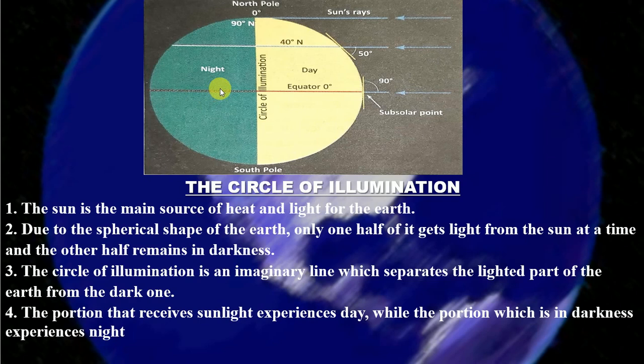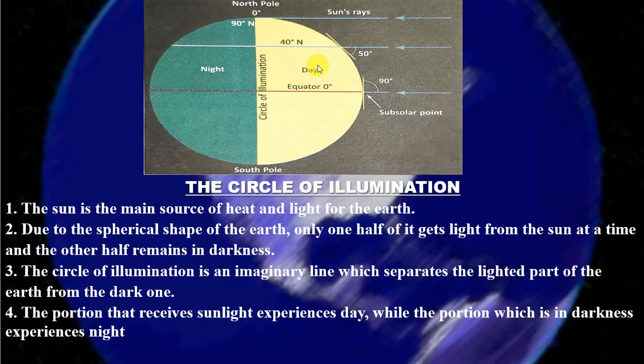No, isn't it? So that is why the other half remains in darkness, as you can see in this figure. The rays of the sun are falling on a part of the earth, and the other part at the same time is experiencing darkness, isn't it?